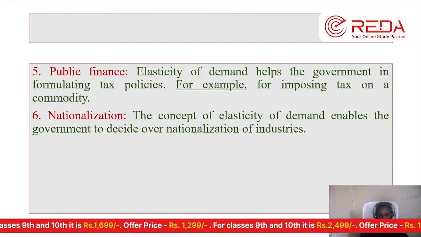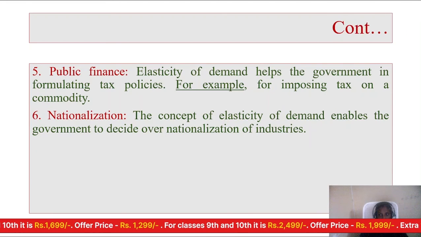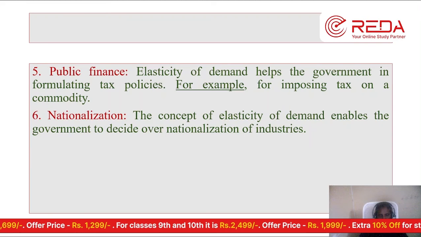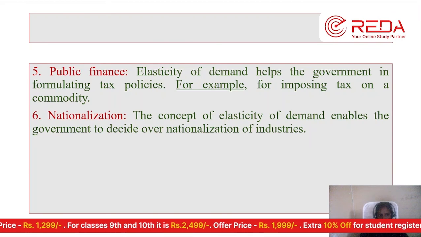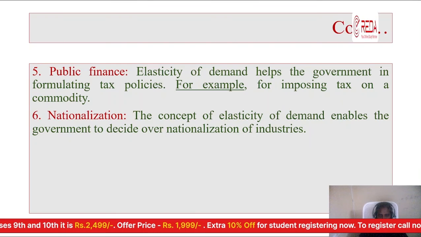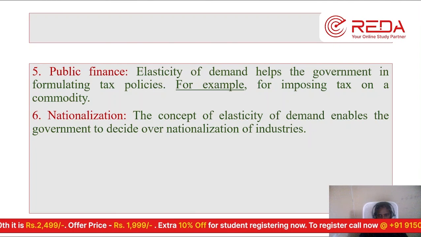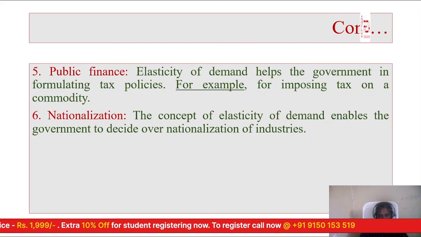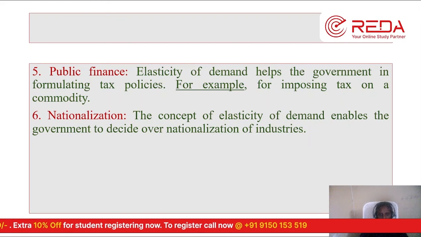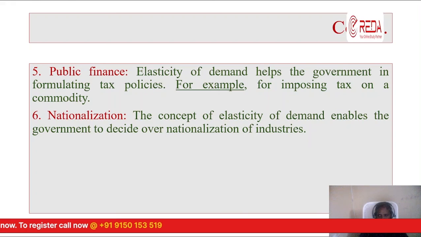Elasticity of demand helps the government to decide the nationalization of industries, because nowadays, apart from the agricultural sector, the government is giving more importance to the industrial sectors. So the government looks into how far industries are producing and selling the commodity.